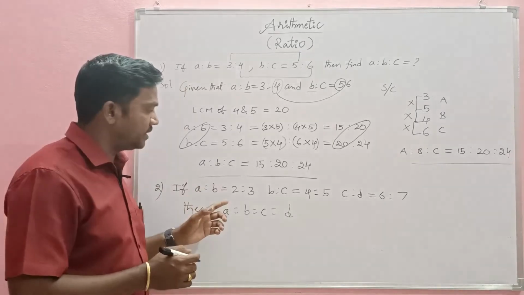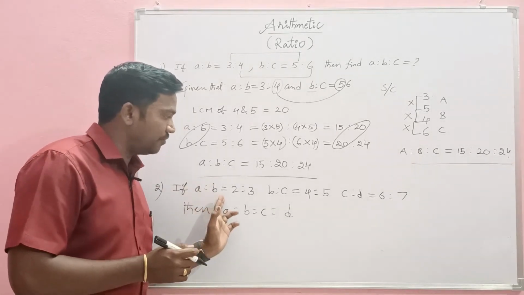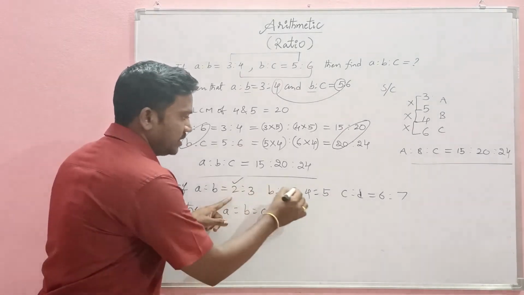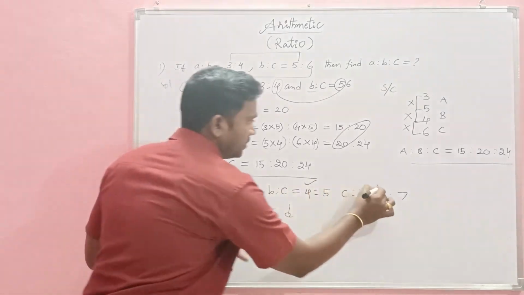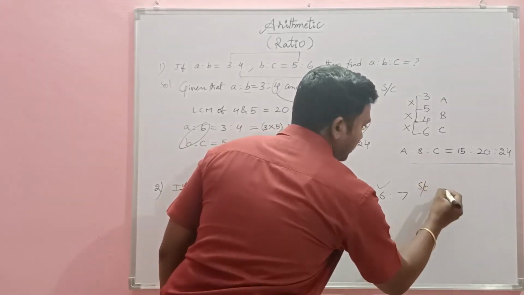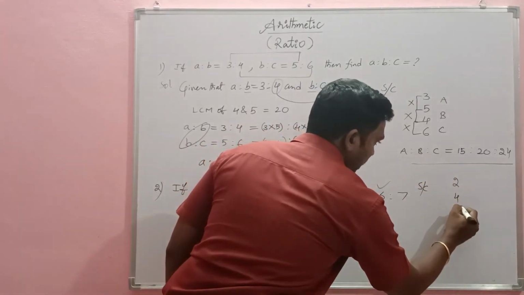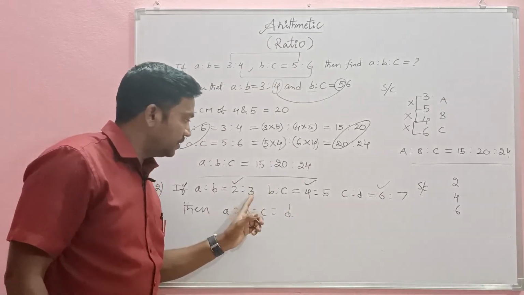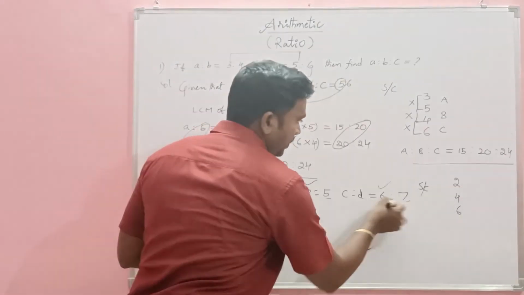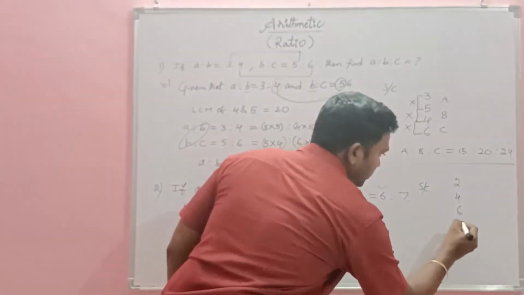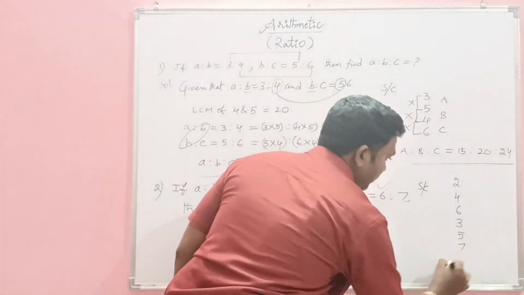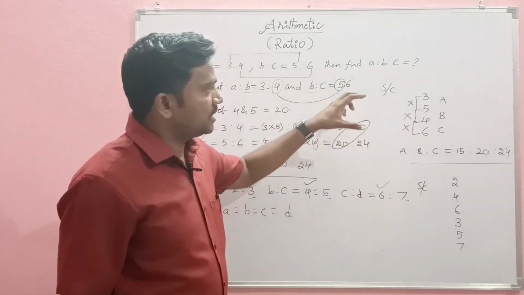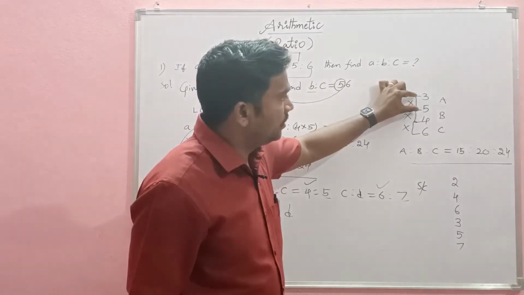So first we will have to write the antecedents of all the given ratios. So here antecedents 2, 4 and 6. So write 2, 4 and 6 first, and then we have to write the consequents 3, 5 and 7. So we have to write like this: 3, 5, 7. But in the previous example, we have multiplied two numbers.